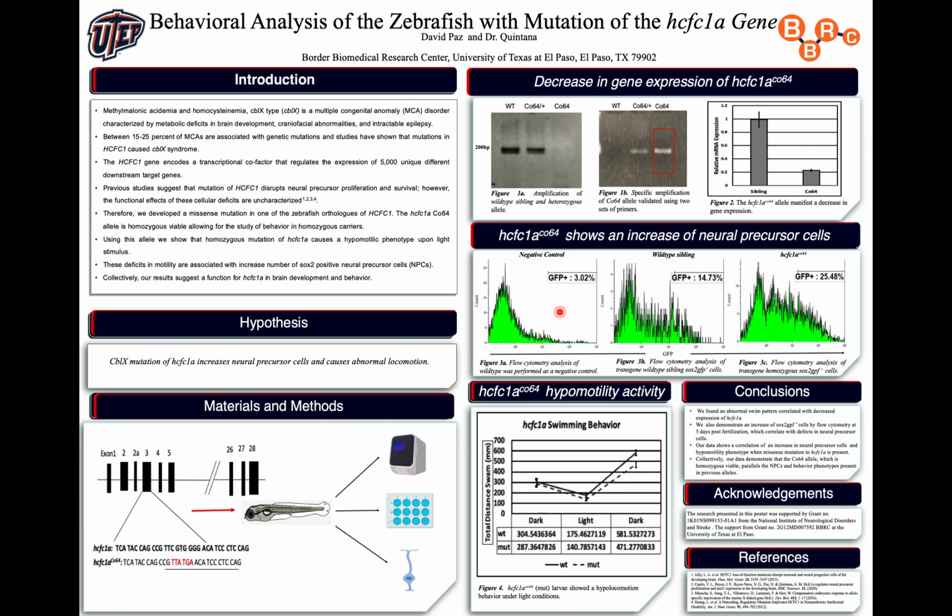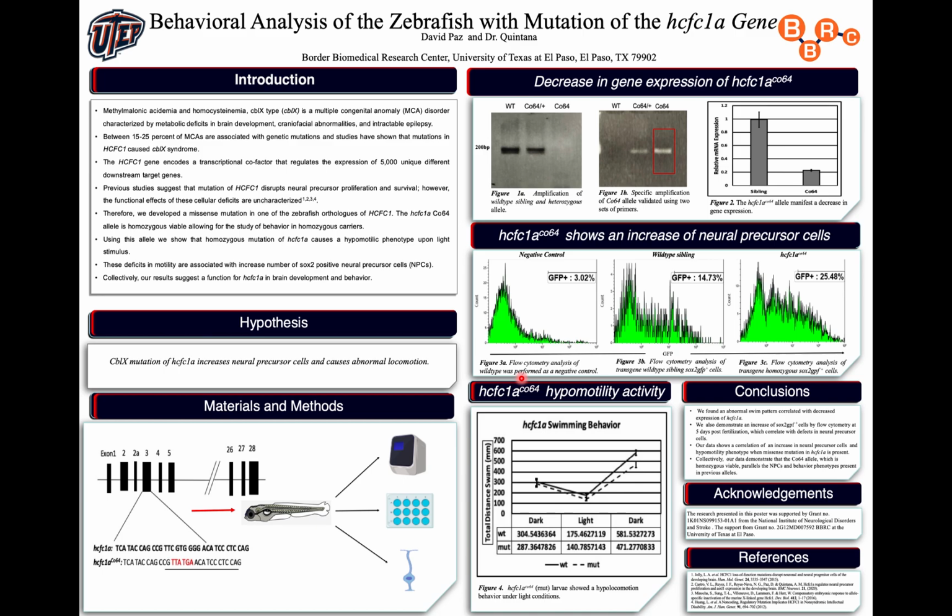We used the flow cytometry technique to detect abnormal SOX2 GFP levels, and we detected a 10% increase in our Co64 mutants when comparing with the wild-type sibling, as shown in Figure 3b and 3c, indicating defects in brain development.